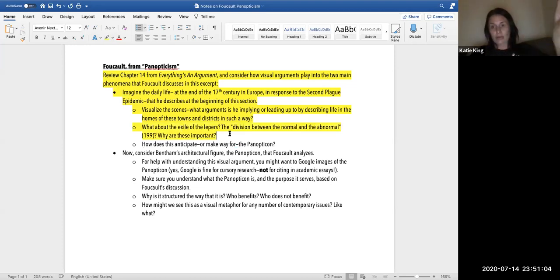Exile, for those of you who need a little refresher, is to be sent away from society, away from one particular society to another, or just away from society in general. One of the most famous leper colonies I can think of is in New York. They had an island, I believe it was for tuberculosis, if I'm not mistaken, at the beginning of the 20th century.